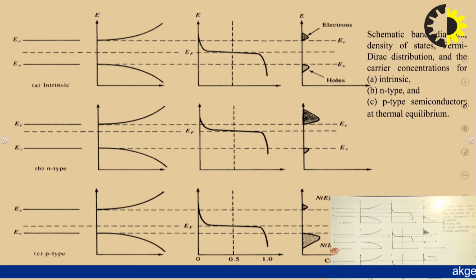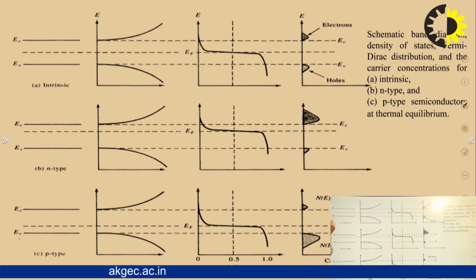If you see the N-type material, again we have EC, EV, and EF. Again EC, EV, and EF. The dotted line is showing the Fermi level, or Fermi energy level.